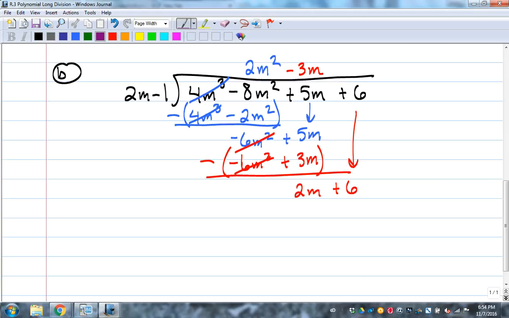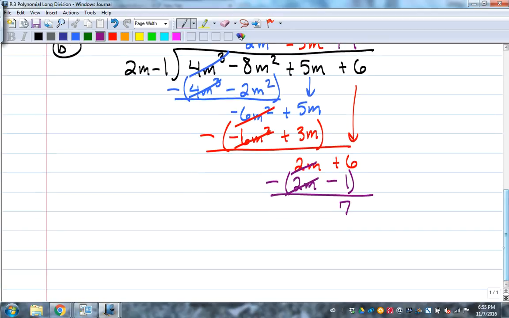Now what? Plus 1. 2m minus 1, parentheses, subtract. Distributive property, all that we're doing there. 1 times 2m is 2m. 1 times negative 1 is negative 1. Subtract. The m's go away. What's my remainder? 7.